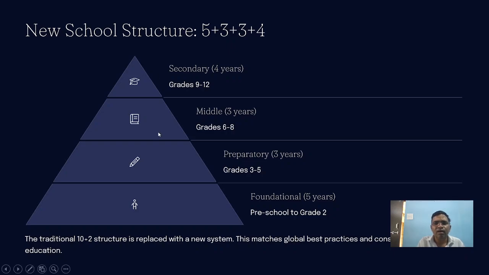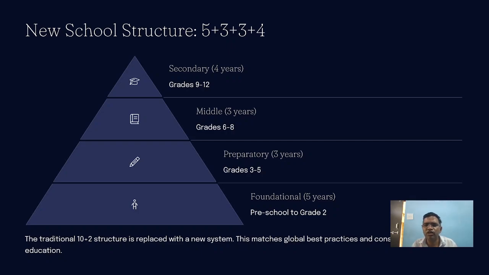Then middle school is 3 years, grade 6 to 8, and secondary is 4 years, that is 9th standard to 12th standard. So the traditional 10 plus 2 or intermediate is replaced with the new system.